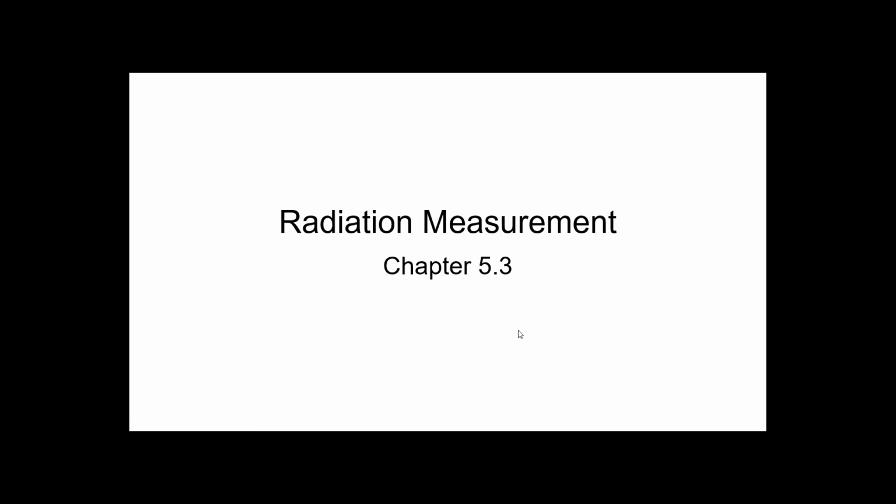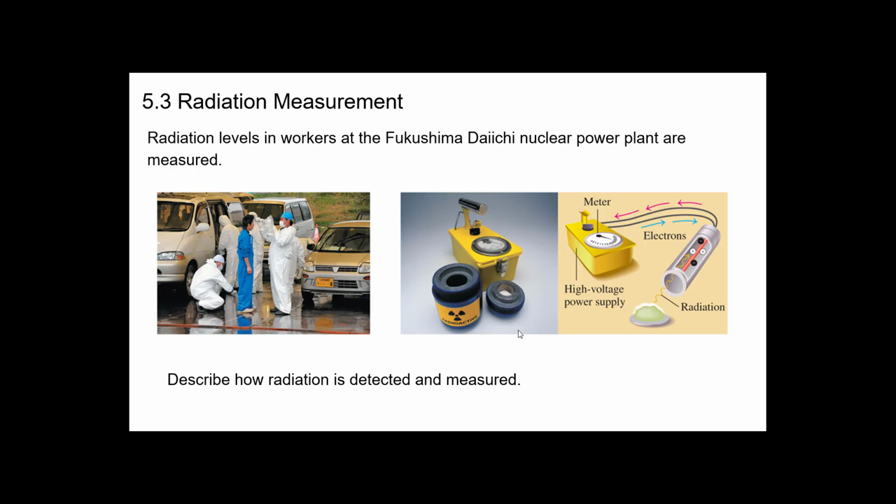This is radiation measurement. In Japan, March 11, 2011, they suffered an earthquake of 9.0 and a tsunami, which ended up resulting in radiation leaks from a nuclear power plant, and there's damage. If you paid attention to the news, this city is just stuck in time.